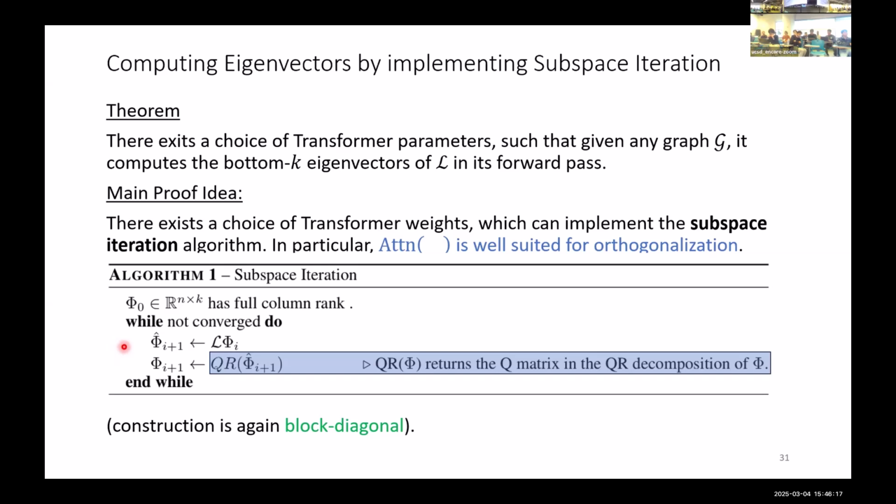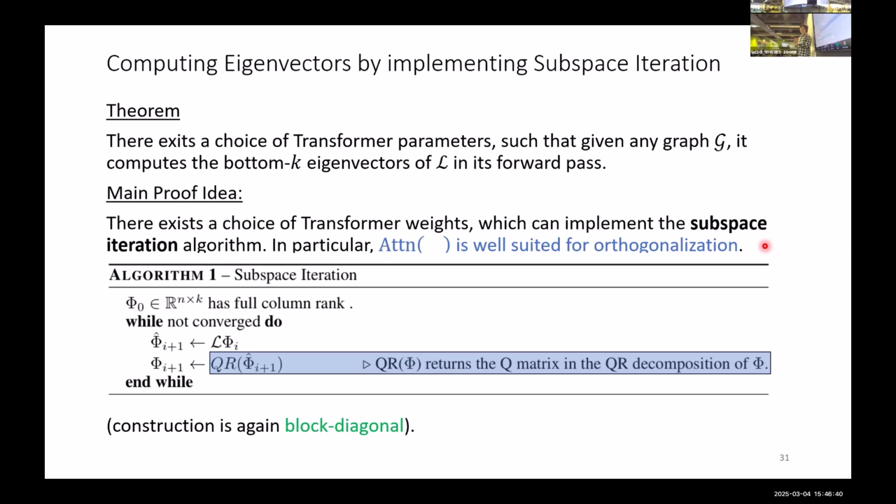Take your estimate of the top k eigenvectors, multiply by the Laplacian, which clearly the attention can do very easily, and then perform this orthogonalization. The interesting part of the proof is that attention is well suited for orthogonalization, which again is not super surprising, right?